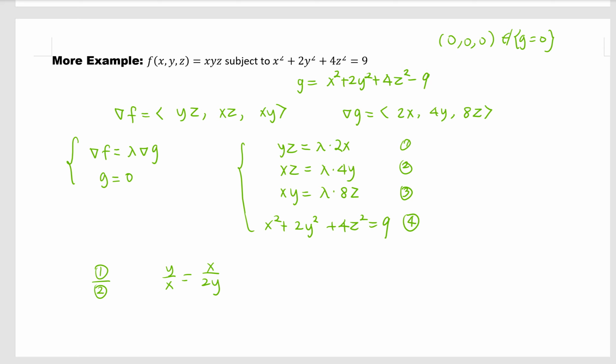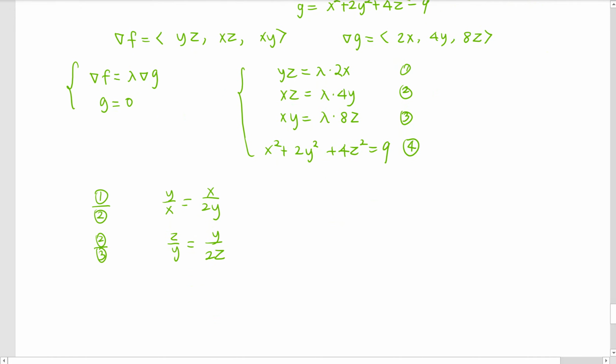And we can also use equation 2 over equation 3. That will give us x cancels, z over y equals, lambda cancels, y over 2z. Okay, so now you can see we eliminated lambda and we get 3 equations and 3 unknowns. We should be able to solve it.